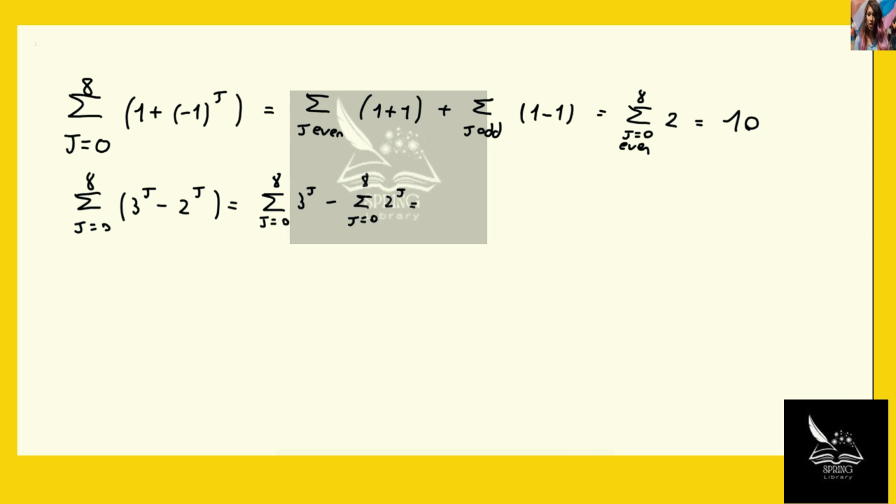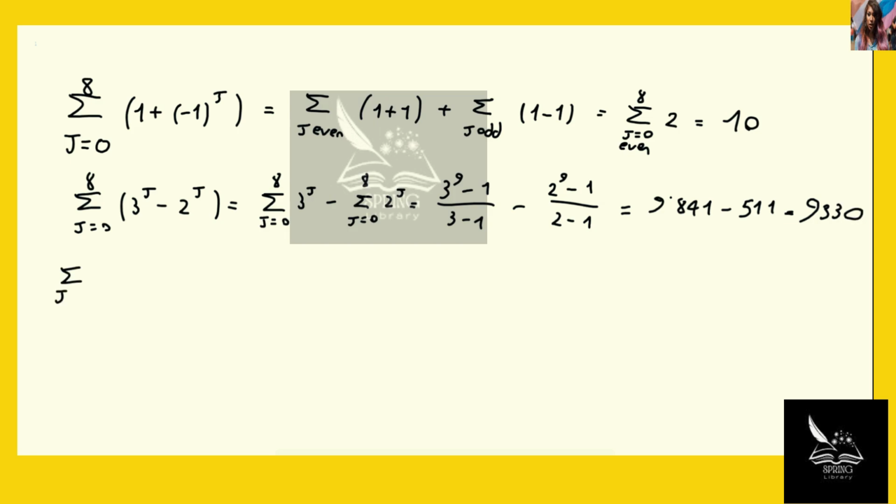But now we know the closed formula for these, because this becomes (3 to the 9th minus 1) divided by (3 minus 1), and then minus, for the other sum, (2 to the 9th minus 1) divided by (2 minus 1). You do this with a calculator, you get 9,841 minus 511. The result is 9,330.